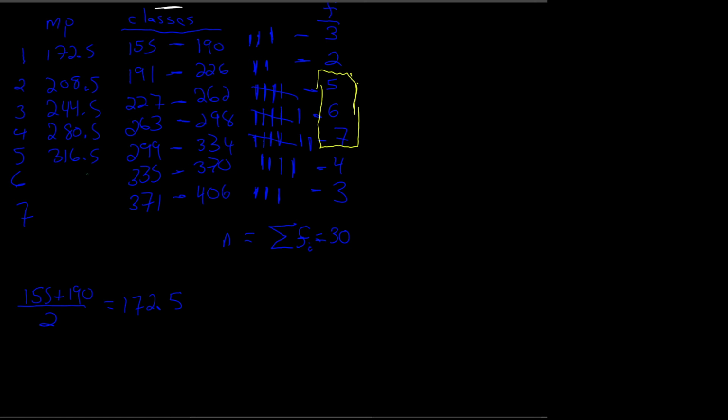Did I type one of these in wrong? Let's see. 316.5, nope, 352.5. And 352.5 plus 36, 388.5.